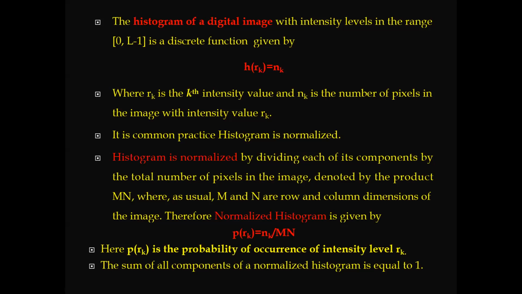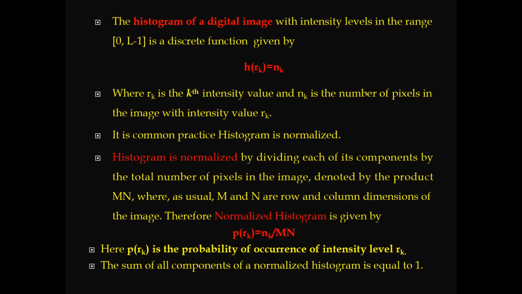It is common practice to normalize the histogram. So how do we normalize the histogram? Simple. To normalize the histogram, we divide nk by MN. What is this MN? M is the number of rows and N the number of columns of an image.